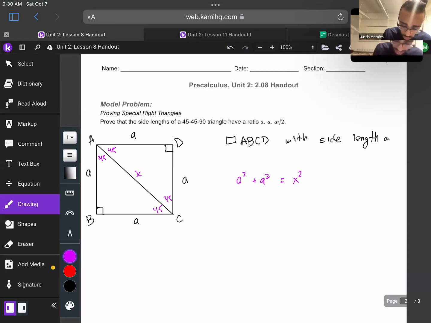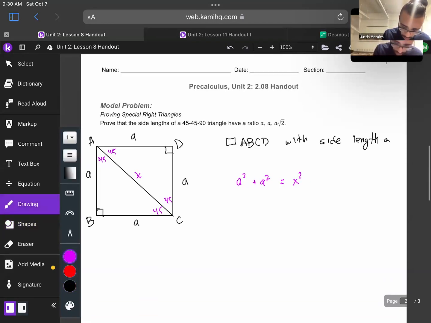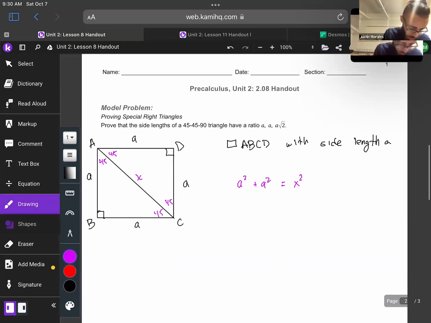So A squared plus A squared, well, that's going to be 2A squared. Once again, our job is to figure out what X is equal to, not what X squared is equal to. So I'm going to go ahead and do the square root on both sides. And we'll get X is equal to the square root of 2A squared.